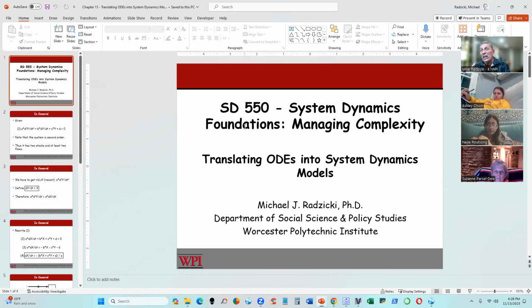If you were an undergraduate or a master's student in engineering here at WPI, you would probably encounter that sort of thing, and you could do this if you found it valuable. You guys won't do that, most likely, but I just wanted to tidy that up and say that even in the event where the mathematicians are using their compacted notation for these systems, you can represent it in the system dynamics form.